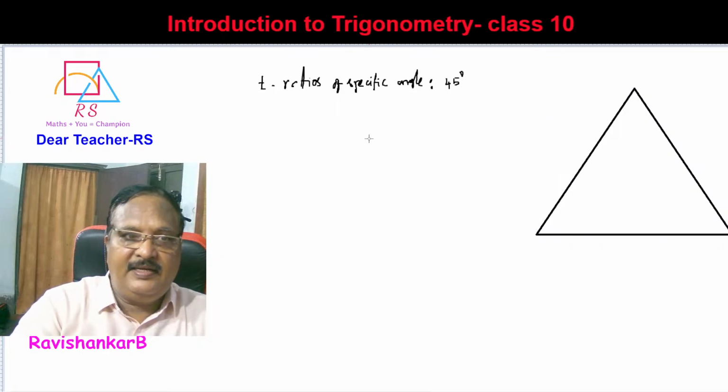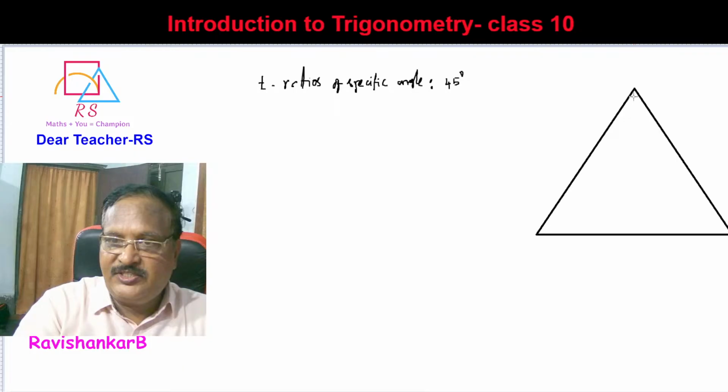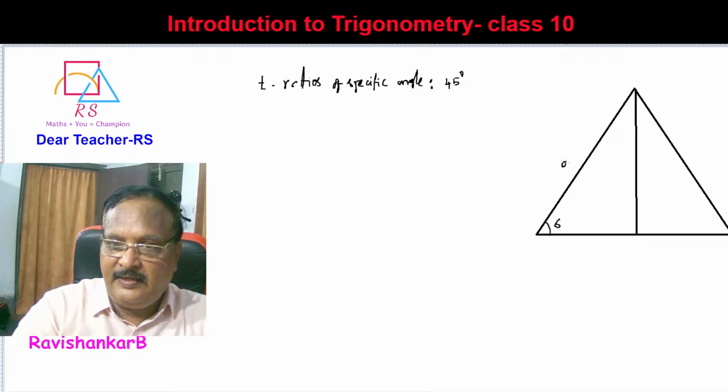In an equilateral triangle, if you just draw a perpendicular, all sides are equal. This is A, and the perpendicular divides the base into two equal parts, A upon 2.